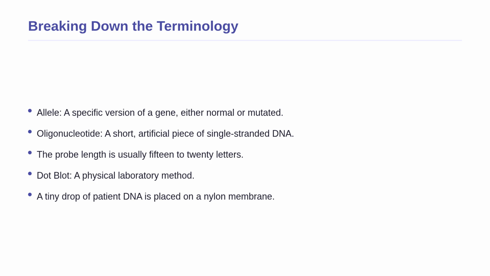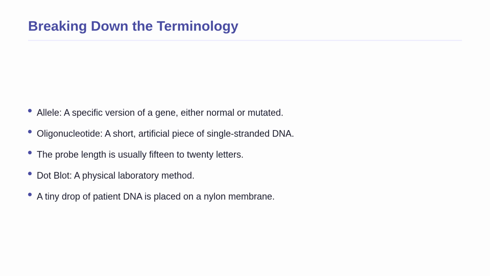Now that we understand the goal, let us break down the formal scientific name of this technique so it makes perfect sense to you. First, an allele is simply a specific version of a gene, such as a normal, healthy version or a disease-causing mutated version. Next, the word oligonucleotide refers to a very short, artificially created piece of single-stranded DNA, usually about 15 to 20 letters long.